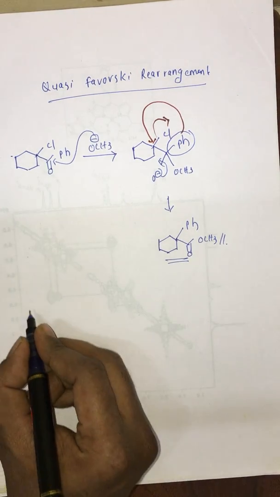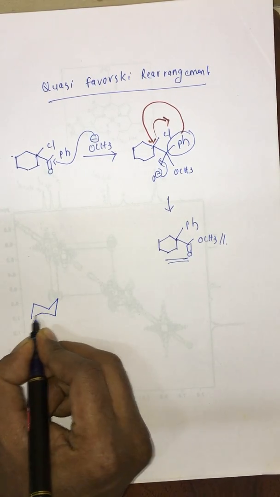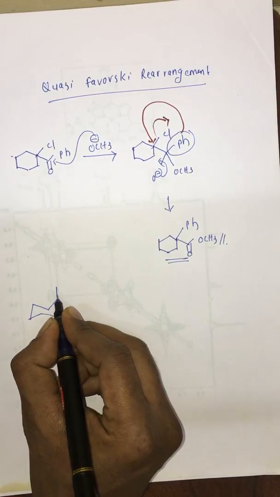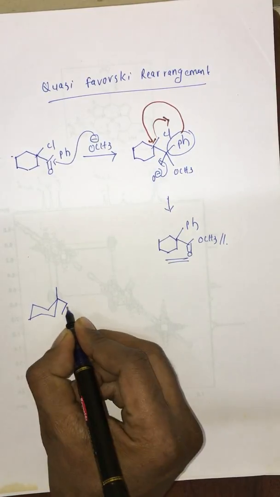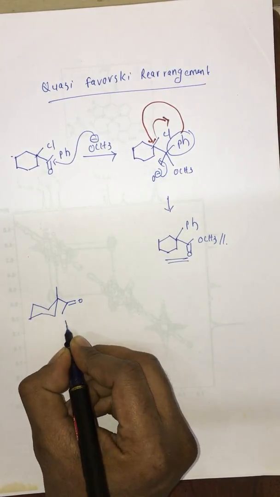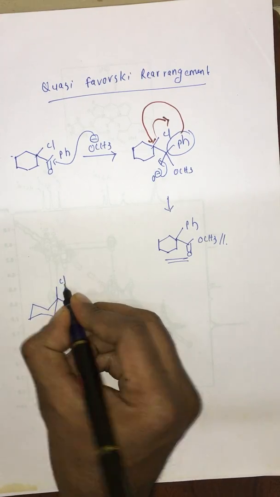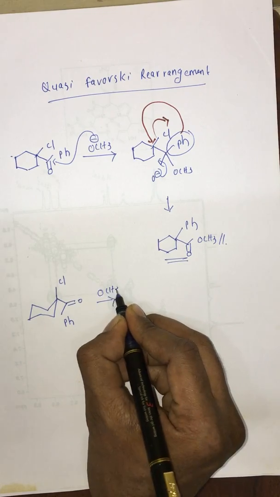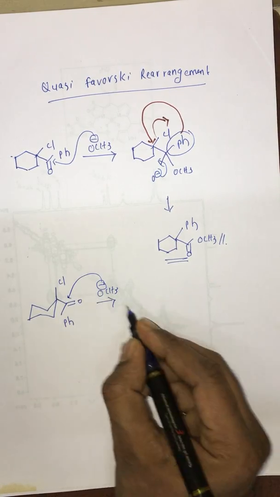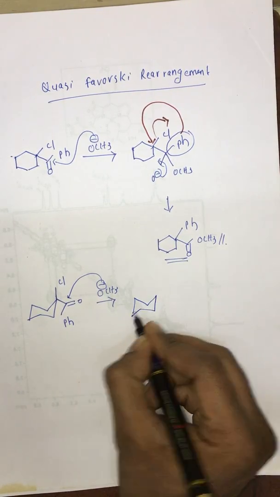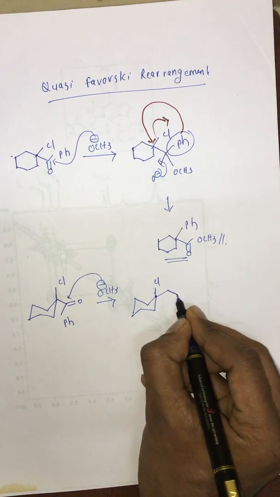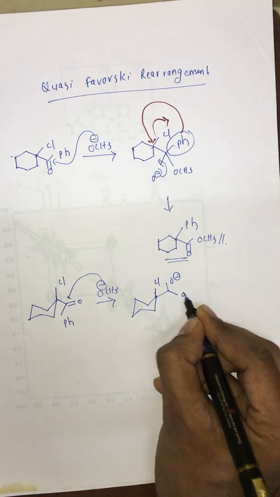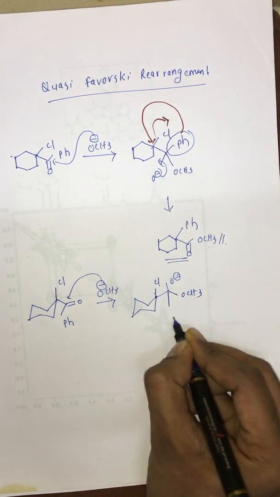And here also we can explain this quasi-Favorskii. Ph and chlorine, and the first step is OCH3 goes and attacks here, this chlorine, O minus, OCH3, Ph.